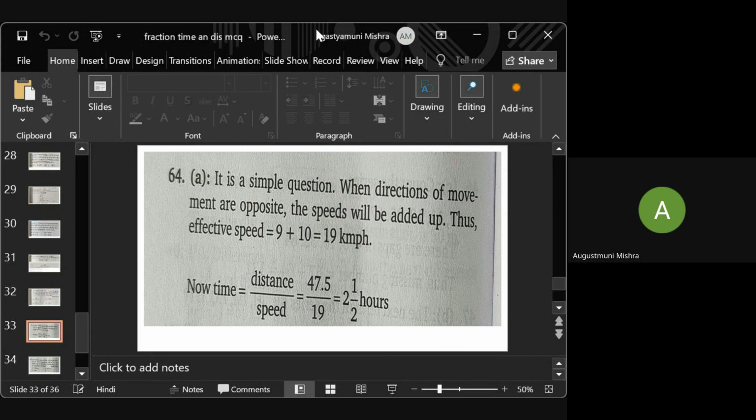Within half a minute, I am going to change the slide. Okay, I am changing the slide. I hope this question is clear to everyone.